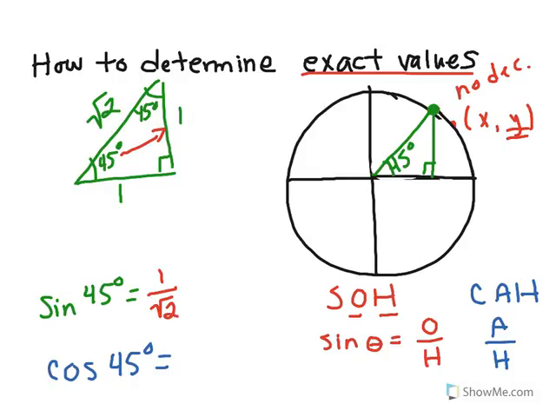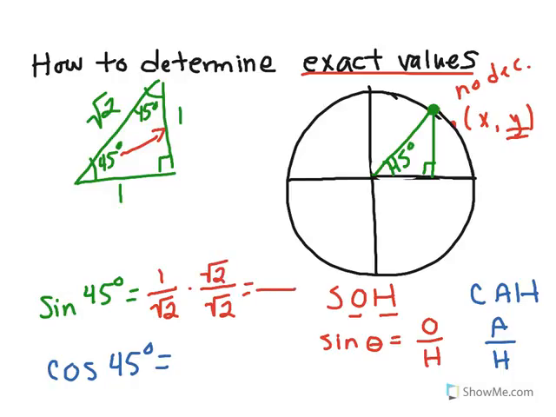Now, the problem with this is we typically don't leave radicals in the denominator. Even if you see that happen in other places, it's technically not the best way to write it in mathematics. So we're going to do what's called rationalizing the denominator, and it has a very simple process. We're going to take this fraction and multiply it by the square root that we want to get rid of, which in this case is the square root of 2, in the numerator and denominator.